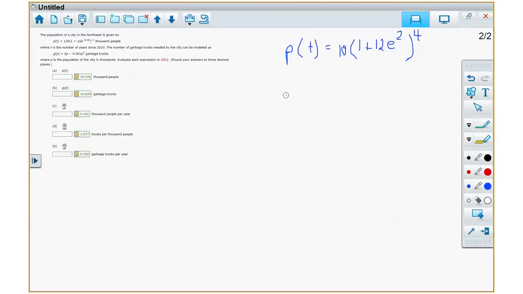And then G of P is equal to 2p minus 1p to the third. Now let me reiterate. I just made this up. I just made this up.